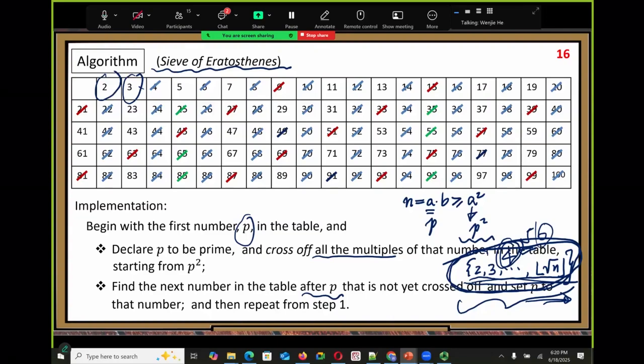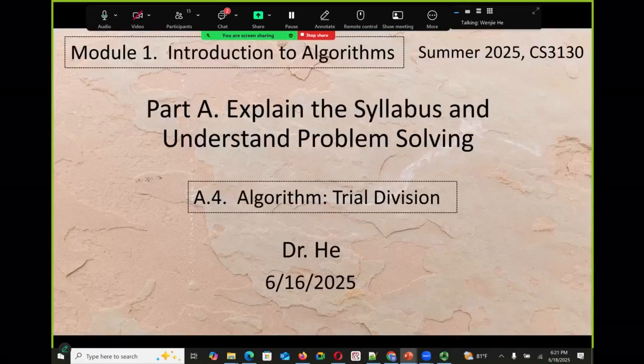All right, so we complete this algorithm. Now the last one, trial division, to solve our problem number 2. Later when you do project 2, preparing for our programming project number 2, you need to write code of this one, but not the previous one.